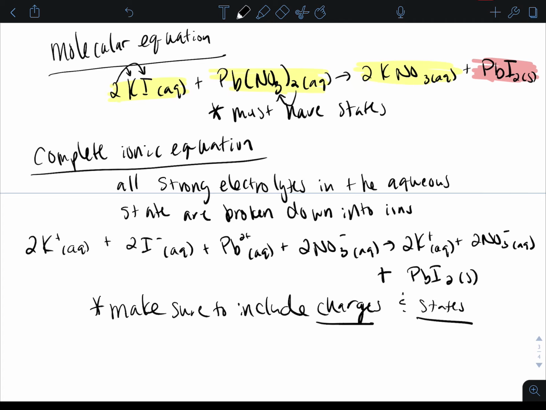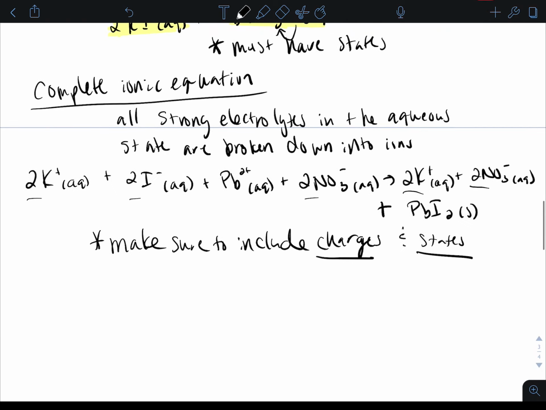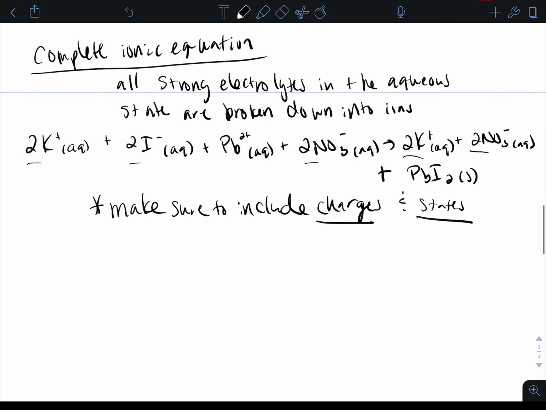So that's why we have a 2 nitrate here, 2K+, 2I−, and then again 2 over here and 2 over here. Okay, now this is a very long thing to write, so oftentimes the net ionic is the preferred equation to write.